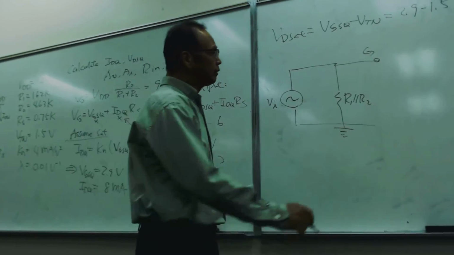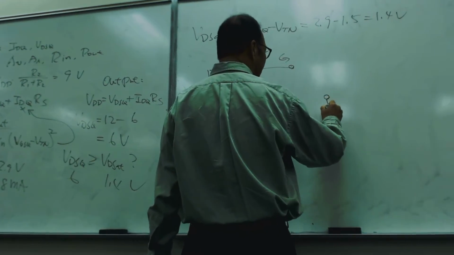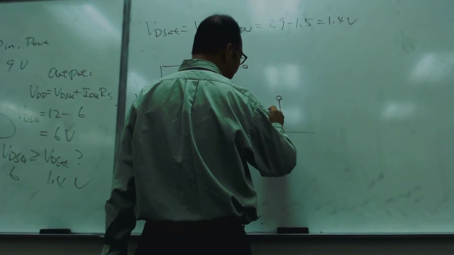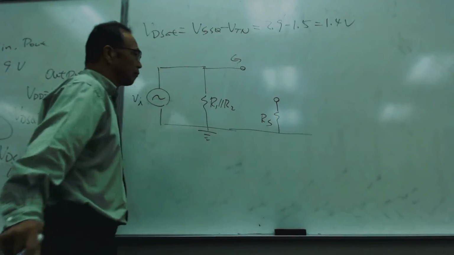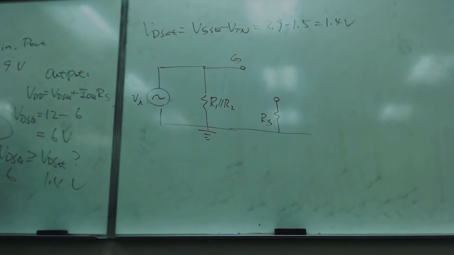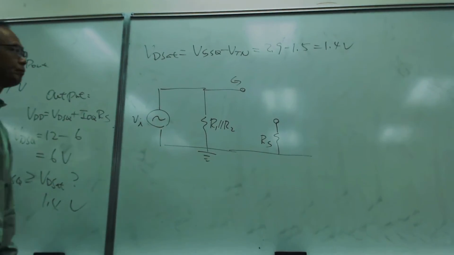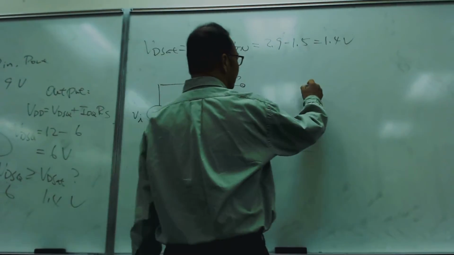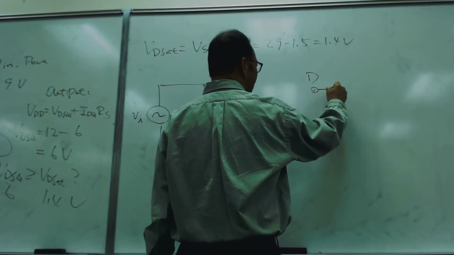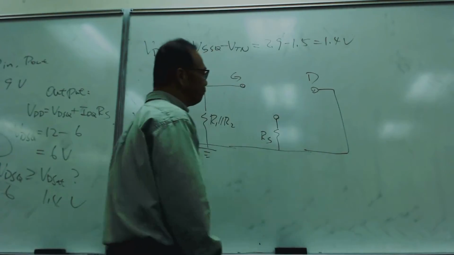Okay, and the source is connected to R sub S to the ground, yes? And then the drain is grounded. Drain is grounded, correct?